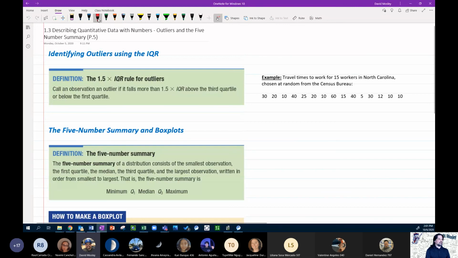We have already determined our IQR, and that was 20. Q1 was 10. Q3 was 30. And then we have 1.5 times IQR. It's 1.5 times 20.